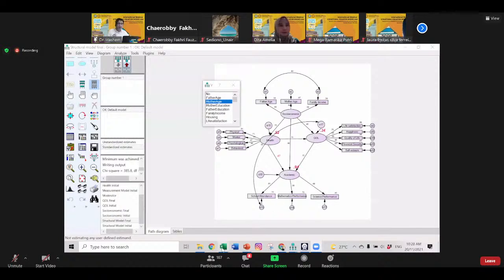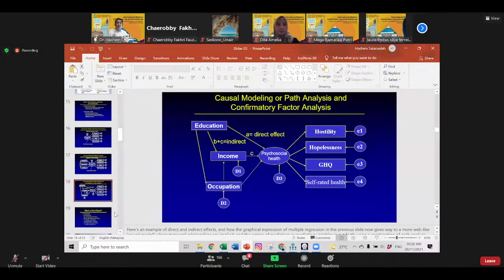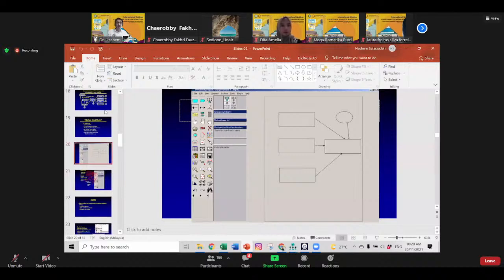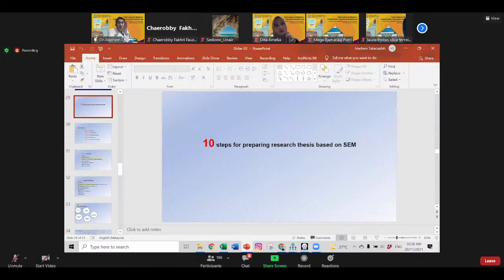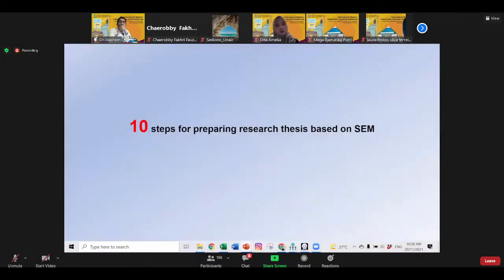Right. So this is what I would like to start with as an introduction: how we use structural equation modeling in your thesis. This is another story. I would like to share my knowledge with you on how to write your master thesis or PhD thesis based on structural equation modeling.